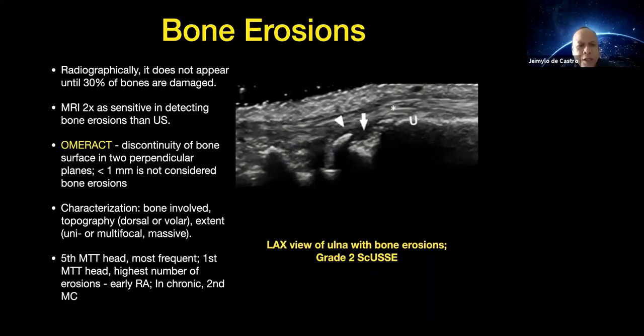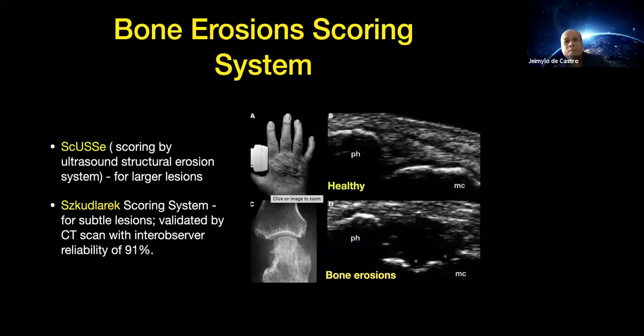And of course, it is the highest number of erosions found there. And of course, in chronic, you can also check it at the 2nd metacarpal bone. So these areas are very accessible, and you can easily find it there, and you can already see all these findings to be present.